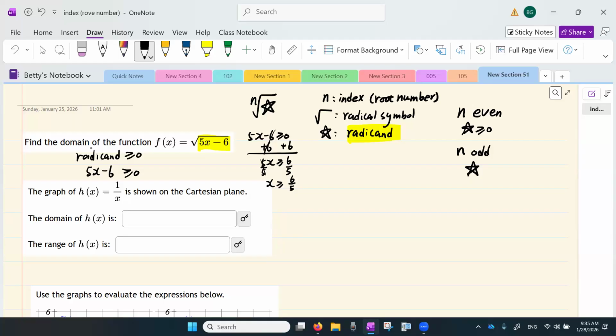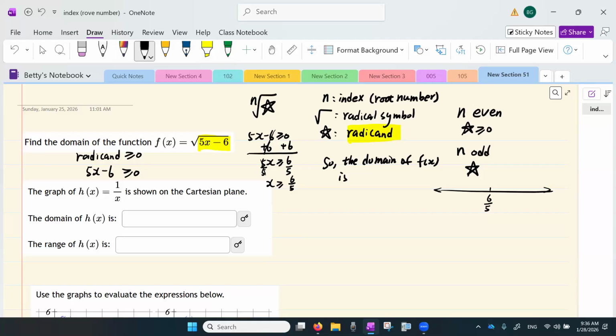But I'd like to keep the result as a fraction if it's simplified. So the domain of the function f of x is any real numbers no less than 6 over 5. Okay? If we draw the real number line, this is 6 over 5.